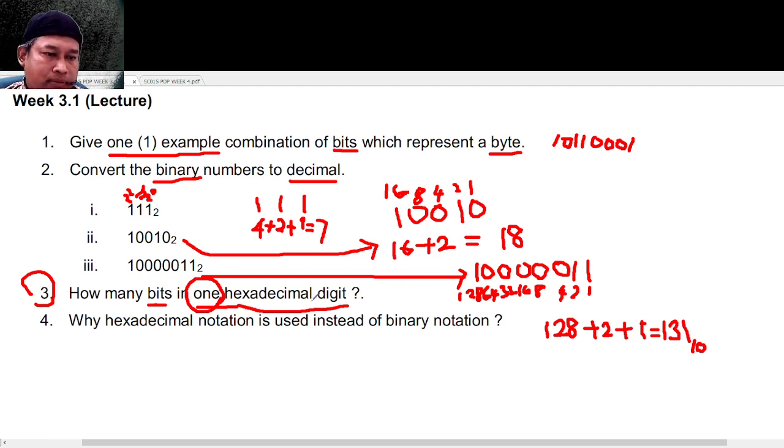So for hexadecimal, for example, 8 bits. So how many bits? How many bits mean 4 bits. 4 bits.